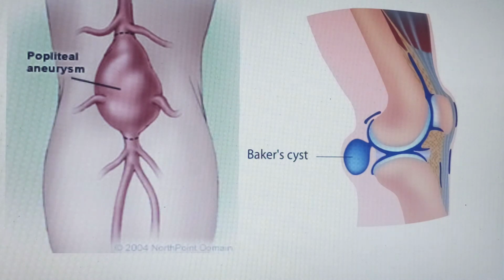When it ruptures, it presents with symptoms very similar to those we find in deep vein thrombosis, a clot in the deep vein. Some of these symptoms will be warmth, hotness around the area, redness showing inflammation, and pain in the calf area.